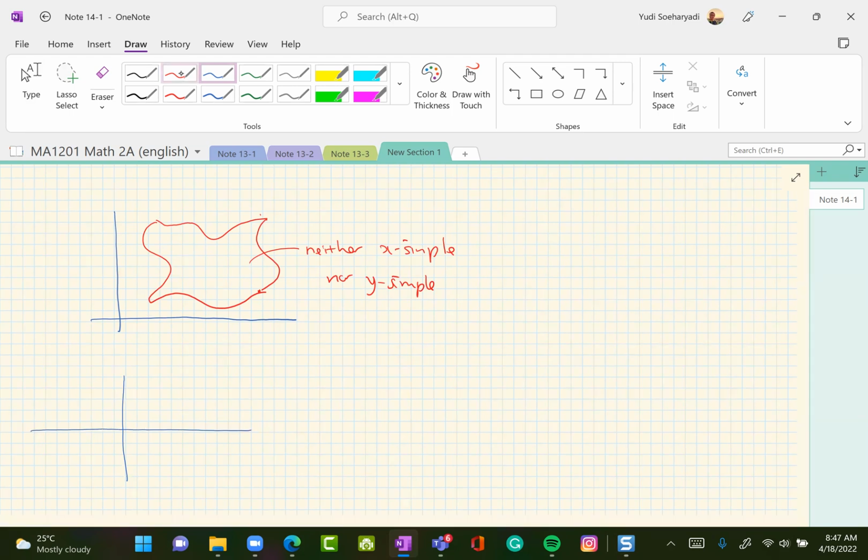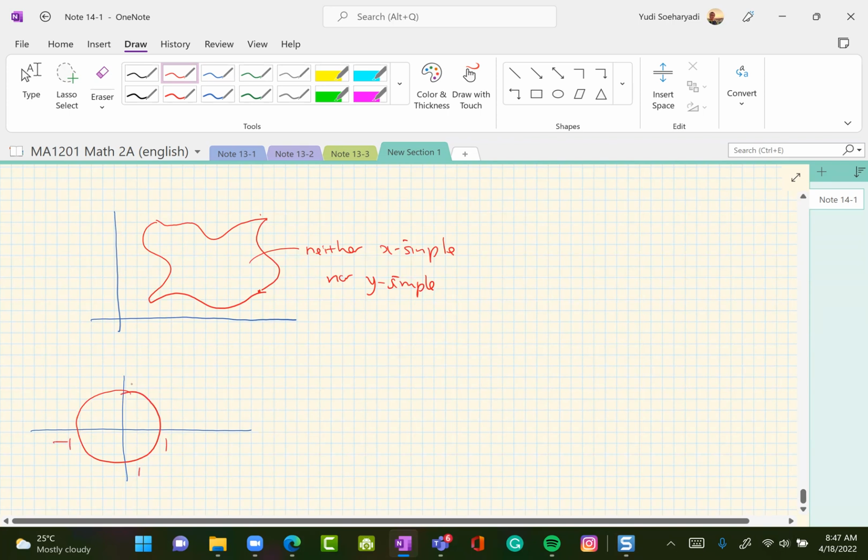This could be x simple or y simple. For example, if you deal with this, the upper boundary is y equals the square root of 1 minus x squared and the lower is y equals negative that.